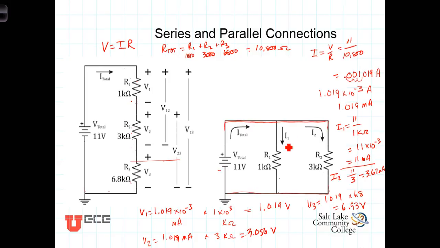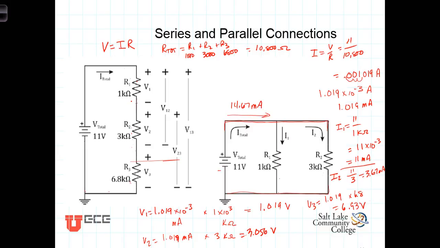Now we've got 11 milliamps here and 3.67 milliamps there. The current that's coming from this source then, this source is the source of that current. Part of it's going down here as I1, part of it's going down here as I2. So the total current would be then the 11 milliamps plus the 3.67, or 14.67 milliamps.